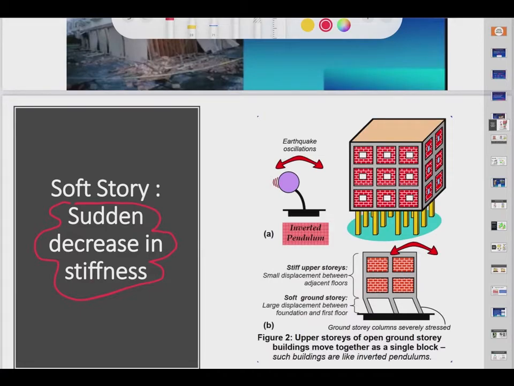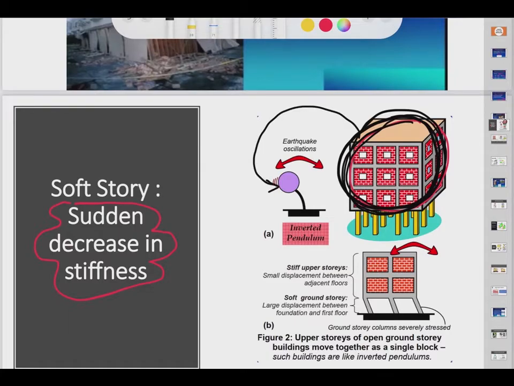You can see the entire mass of the building here, and this entire mass of the building can be compared with this inverted pendulum. This is mass M and this is mass M. Now this mass M, the pendulum bob, is inverted on the columns. Now this is a soft story.